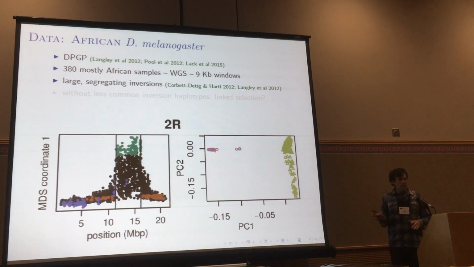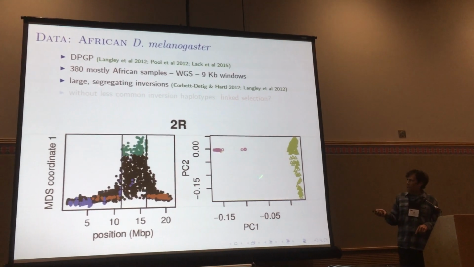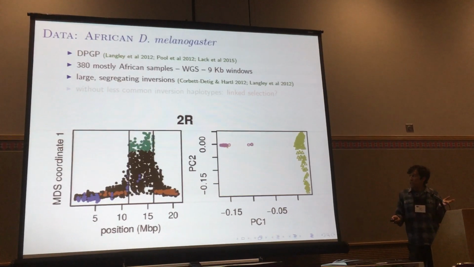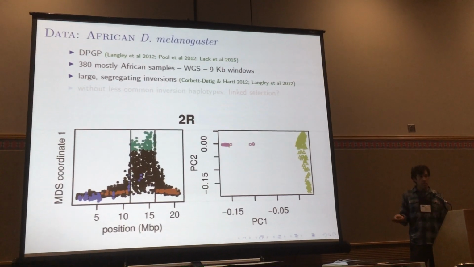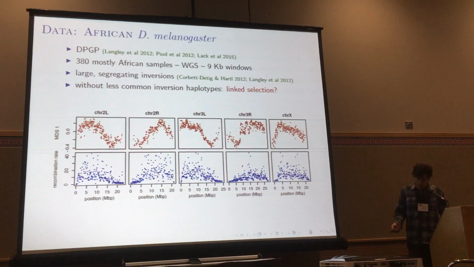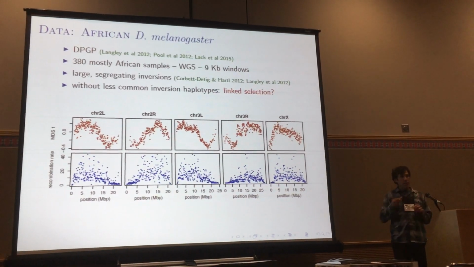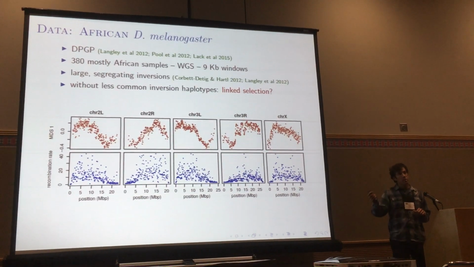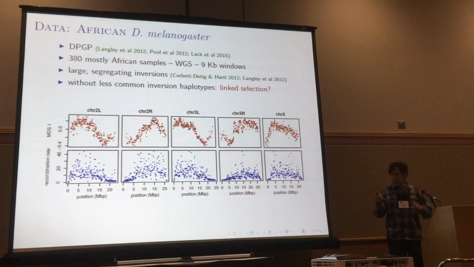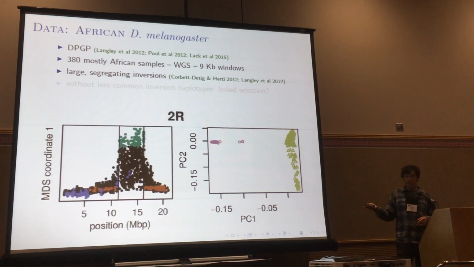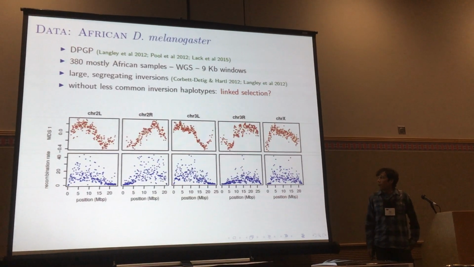It's a good exercise to figure out why the inversion pops up so strongly, but instead of talking through that, I'll show you what happens when you remove the inversions. We marked as missing all the haplotypes that are in the less common orientation of each inversion. I should have mentioned that all the chromosome arms look like this, because they all have these big segregating inversions.